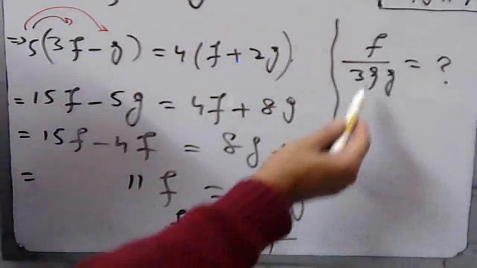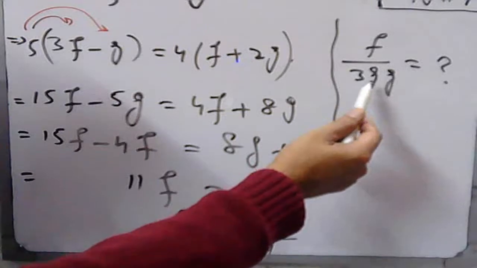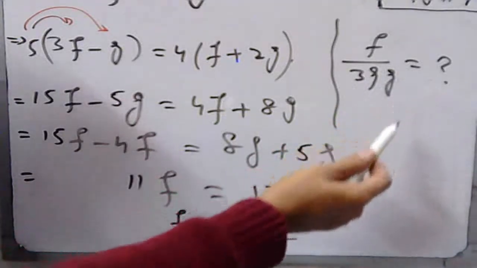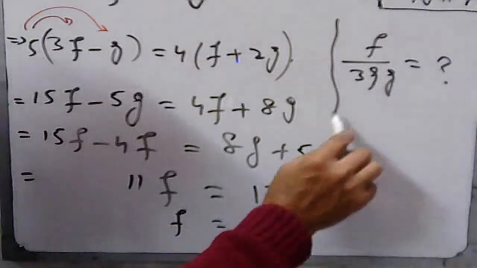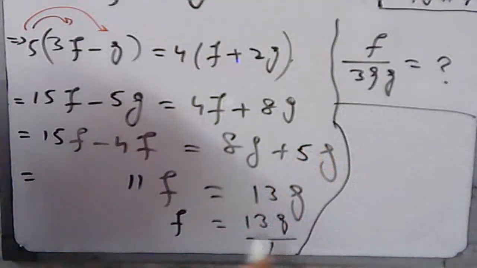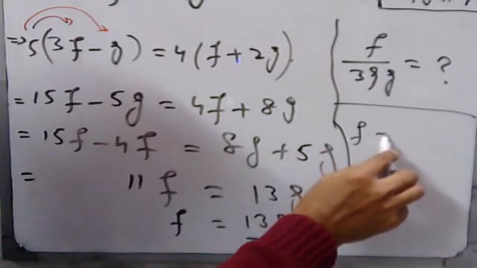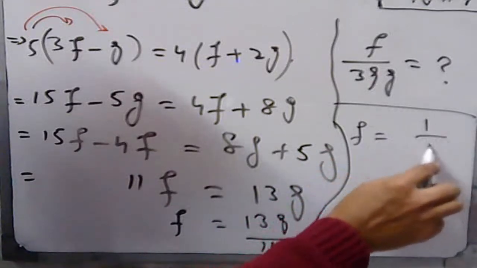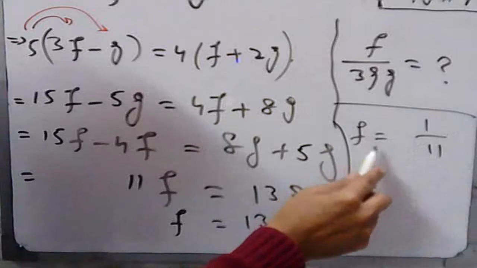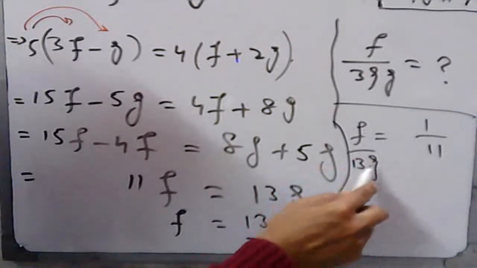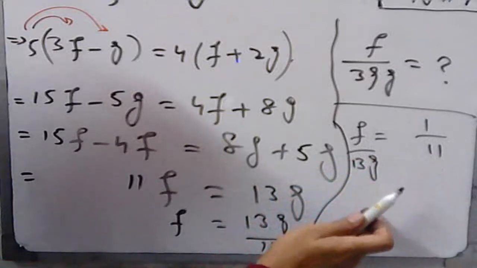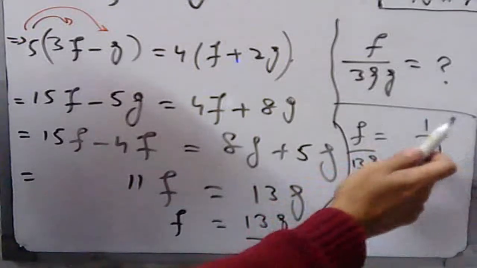But what we need is f by 39g. So by using cross multiplication, we can write f by 13g is equal to 1 by 11, but we need 39, so multiply both sides by 1 by 3.